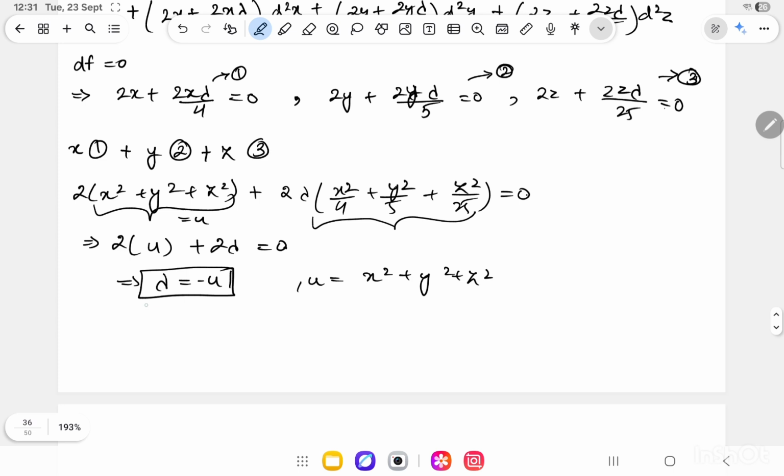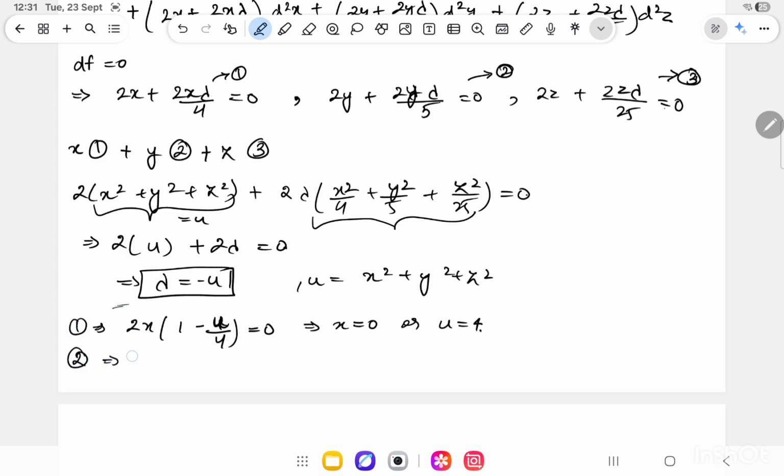Now if I substitute this value of lambda in equation 1, I'll get 2x into (1 - u/4) = 0. So from here I'll get x is equal to 0 or u is equal to 4. Likewise, if I substitute this value of lambda in equation 2, that will give me 2y into (1 - u/5) = 0.